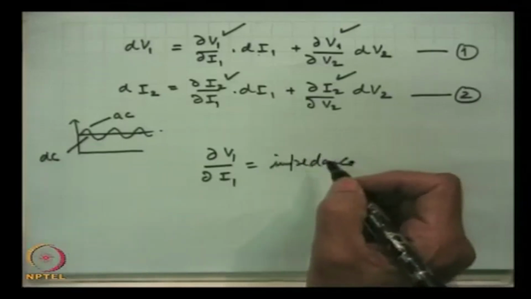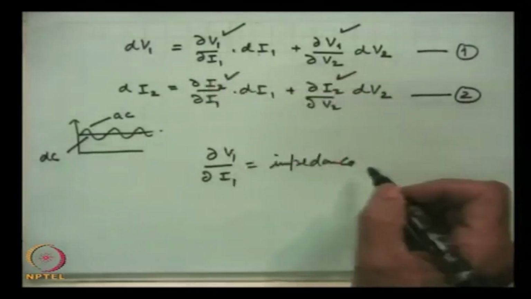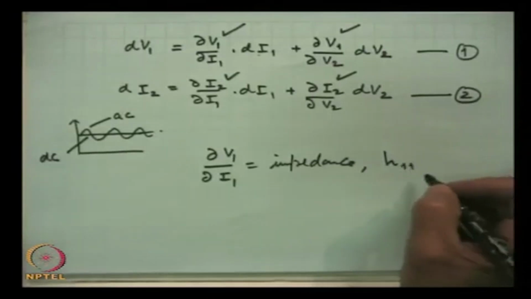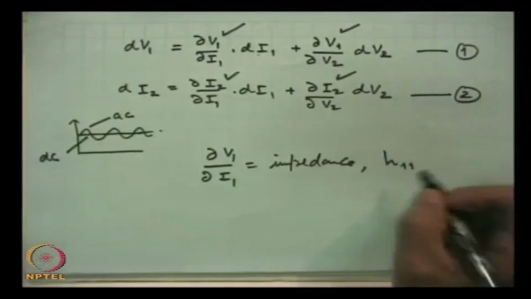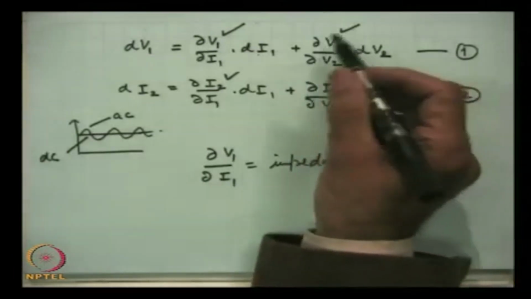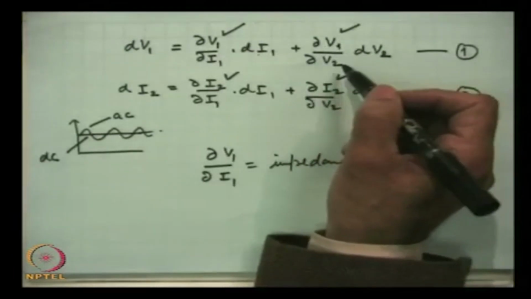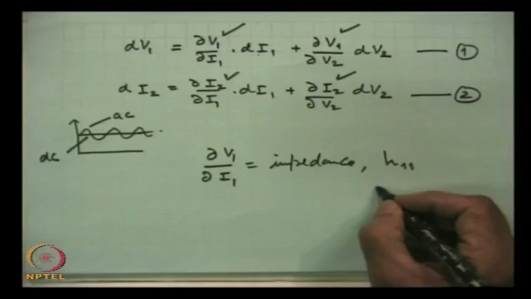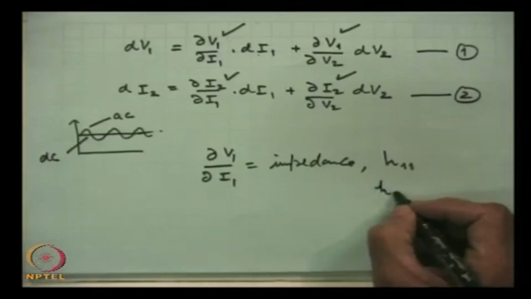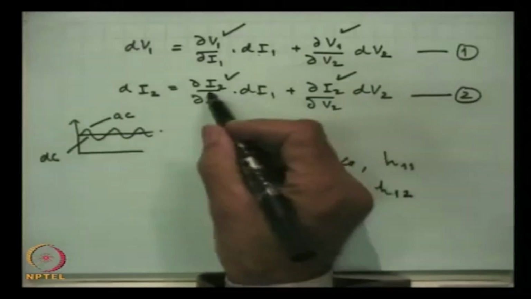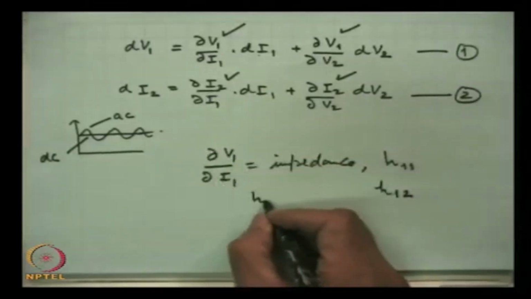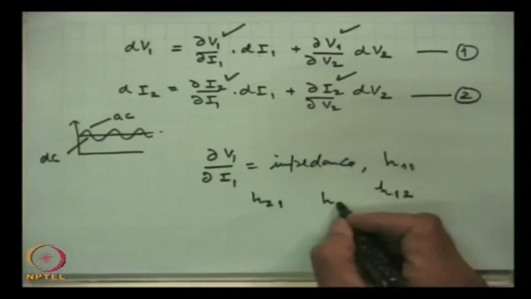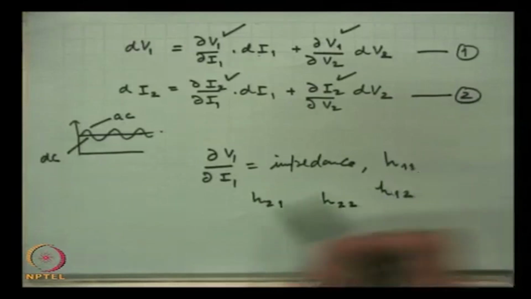And this we will see, and so this we replace for the time being with the H parameter H11, hybrid parameter 1. Similarly, this quantity is a voltage ratio. So, this is represented by the another H parameter H12, and this one as H21 and this one as H22.